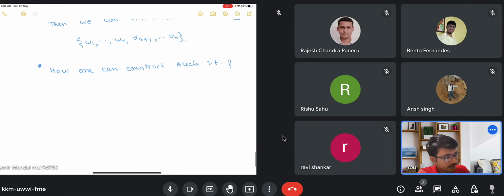First thing is, take w1 up to wr to be a basis of W, and extend it.